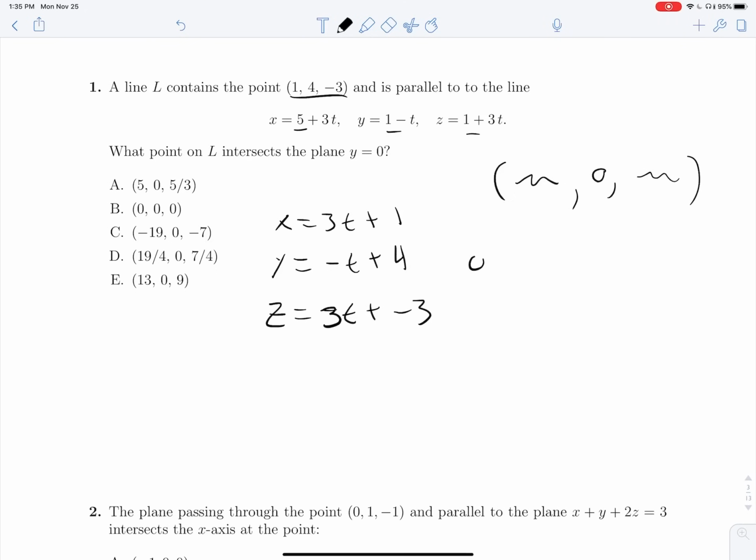So if y is equal to 0, 0 equals negative t plus 4, we see that negative 4 is equal to negative t, and so t is equal to 4. So if t is equal to 4, we can solve for the rest of these. 3 times 4 plus 1 is going to give us 13. And 3 times 4 minus 3 is going to give us 9. And there's our answer.